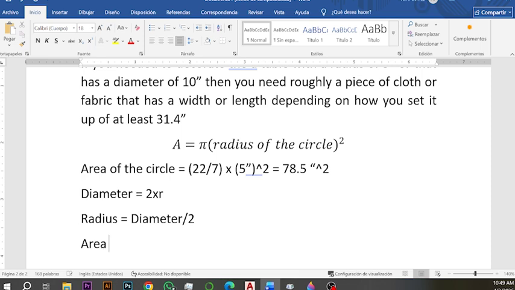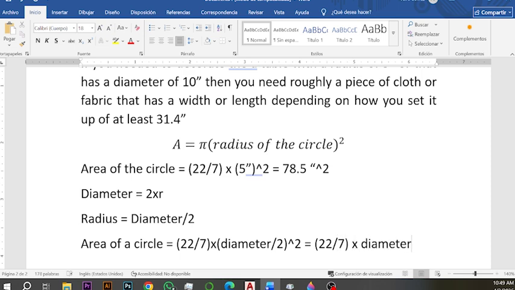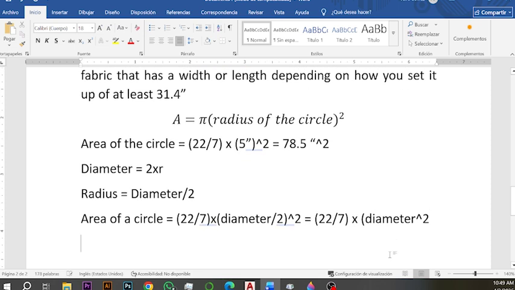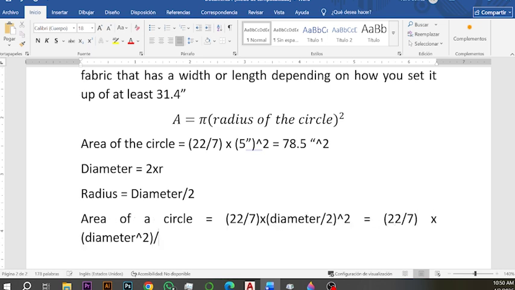And so the area of a circle can also be obtained using the formula pi times diameter divided by 2, squared. So that would be equal to pi times diameter squared divided by 4.